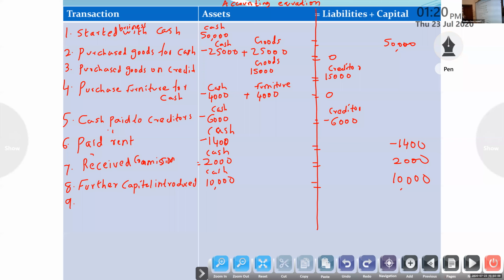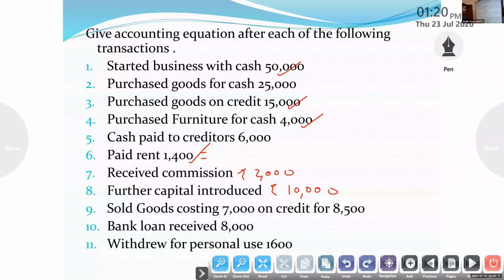Next, so it will be little tough. Sold goods costing rupees 7,000 on credit for rupees 8,500. Means goods cost is 7,000, we sold for 8,500.